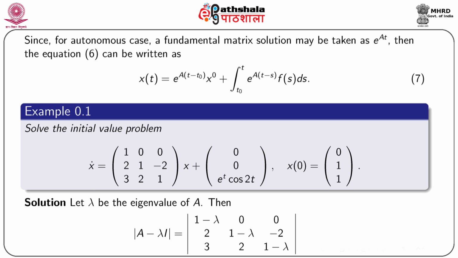We first calculate the eigenvalues of the matrix A, and by definition the eigenvalues are obtained from the characteristic equation, that is, determinant of A minus lambda I is equal to 0. If you do that, you will get the determinant of [1 minus lambda, 0, 0; 2, 1 minus lambda, minus 2; 3, 2, 1 minus lambda] equal to 0.